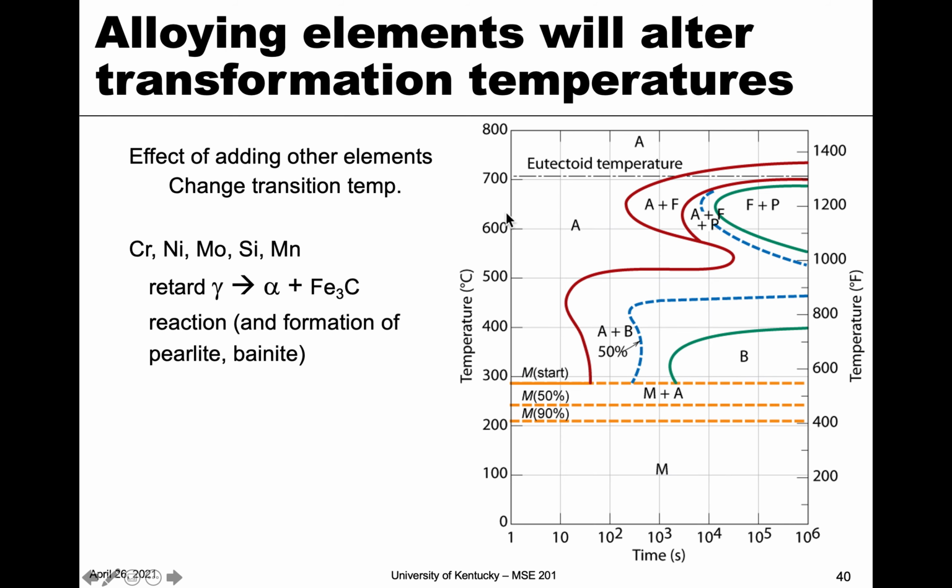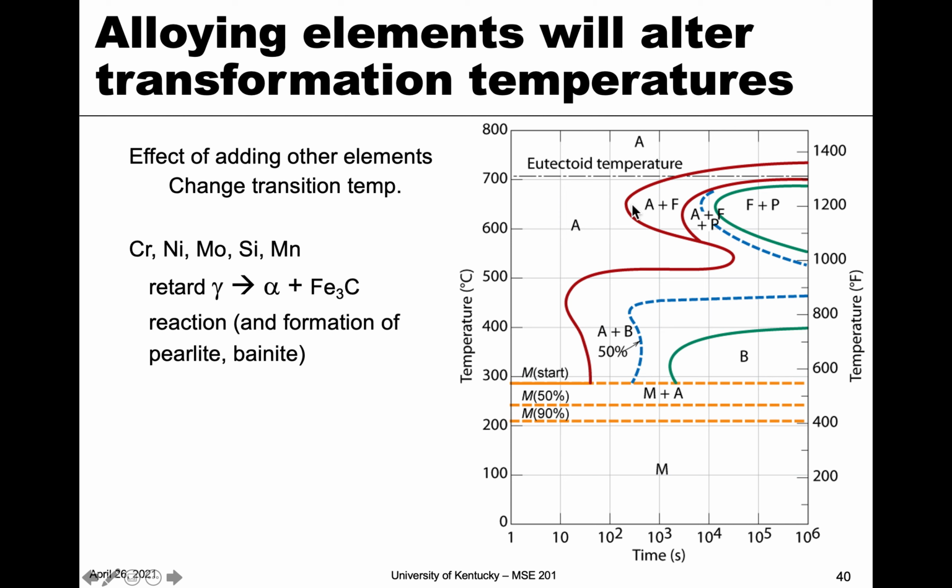So this is a TTT or isothermal transformation diagram of another steel composition which has other elements. And so things like chromium, nickel, molybdenum, silicon, and manganese, what they do is they slow down the equilibrium reaction of gamma to alpha plus Fe3C, right? So pearlite or bainite reactions.